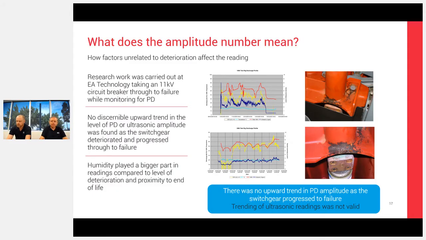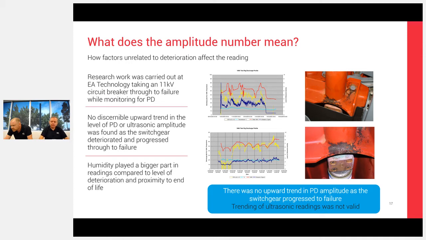Further work that we've got here, we took an 11 kV circuit breaker all the way through to failure. We've got a couple of plots here. They're very degraded. The top one, we've got maybe about 50 millimeters of insulation left before it fails. The bottom one, we've got about 3 or 4 millimeters of insulation left. The level of discharge in both cases, almost exactly the same.